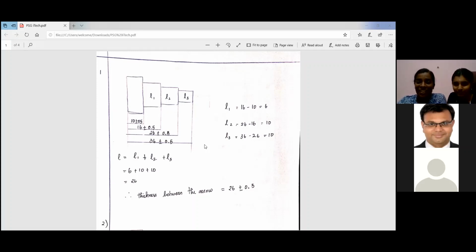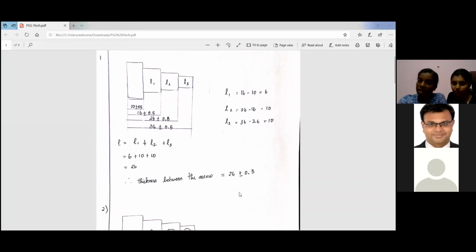Actually, we didn't know how to solve the first sum, sir, because for solving tolerance stack-up analysis, we didn't know how to solve for baseline dimensioning. So we just assumed that the tolerance of plus or minus 0.5 will be constant for all the dimensions. So we just added the lengths of all the three, L1, L2, and L3, and we got the answer of 26, and we gave the tolerance of plus or minus 0.5.